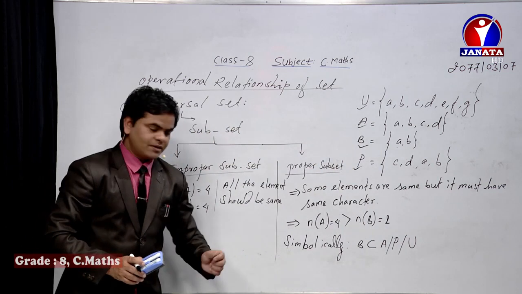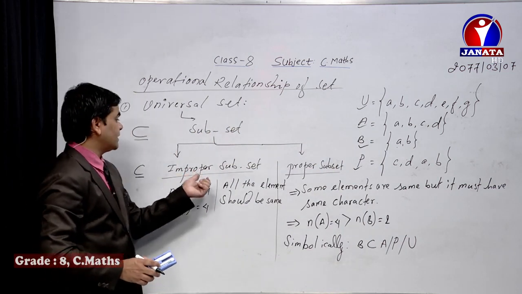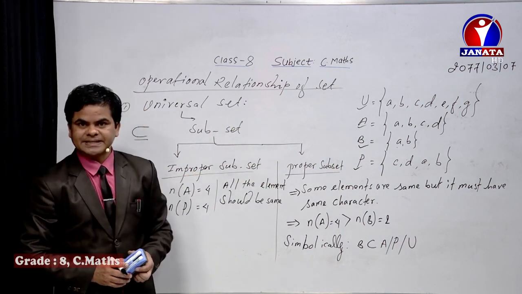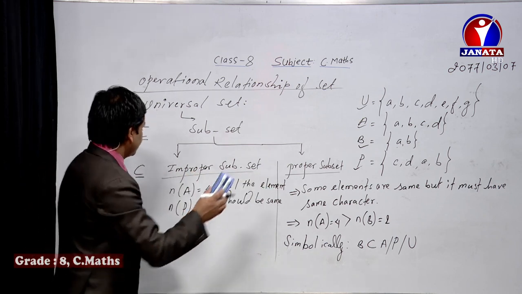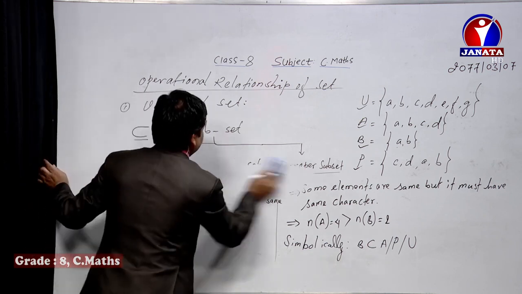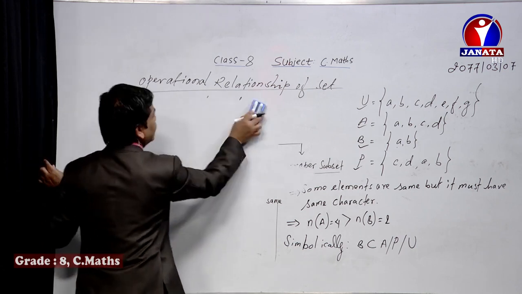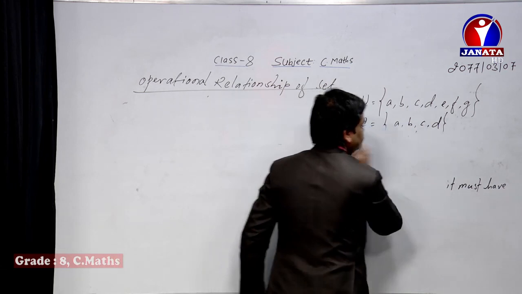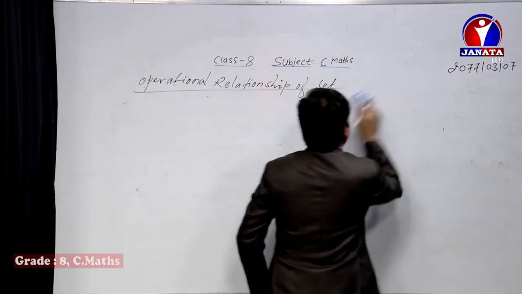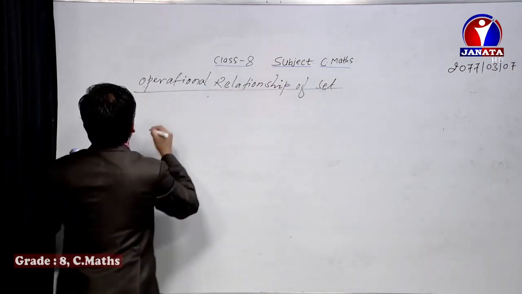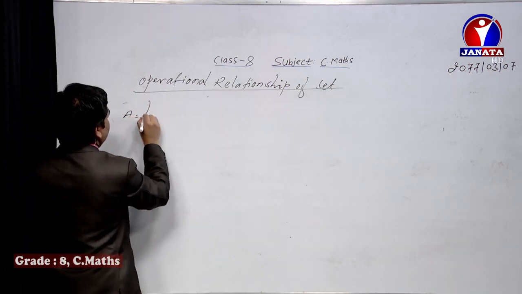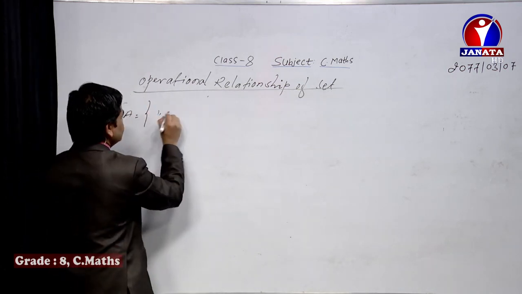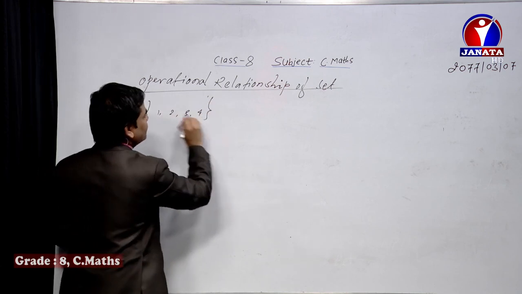So I hope that you have understood the difference between the improper subset and proper subset. Now let's take another example as well, dear students, so that you will understand in a clear way. For example, a set A has elements 1, 2, 3, 4, just 4 elements.